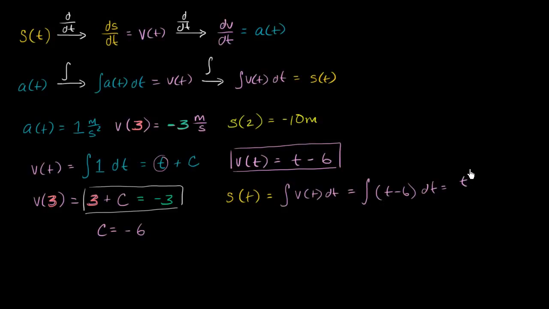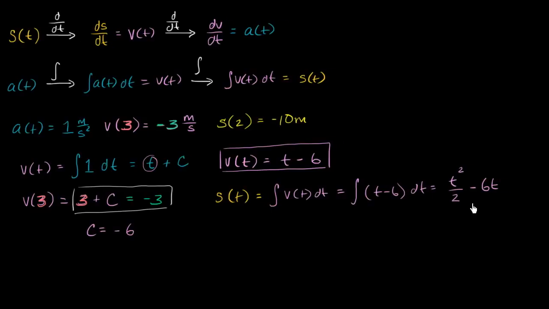So t squared over 2, we've seen that before. And the antiderivative of negative 6 is negative 6t. And of course, we can't forget our constant. So plus c. So this is what s of t is equal to.